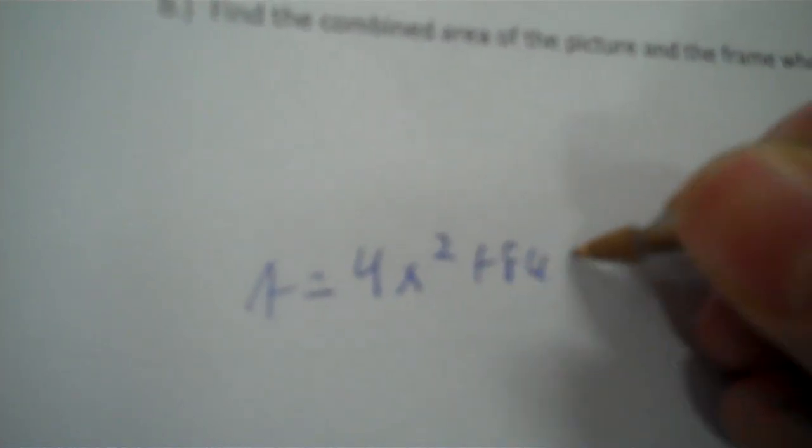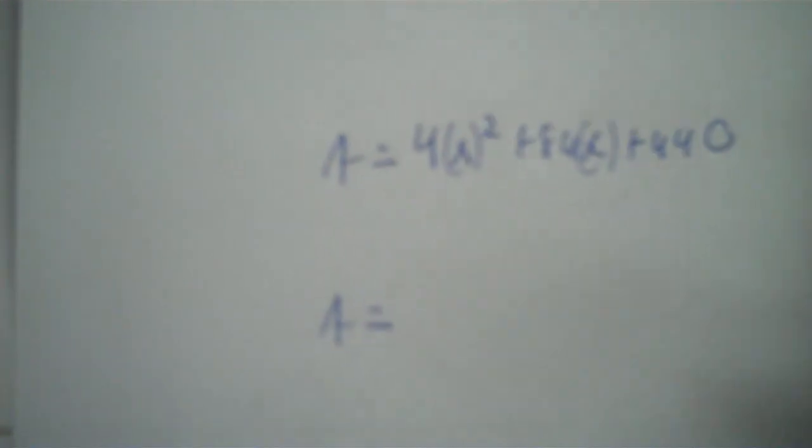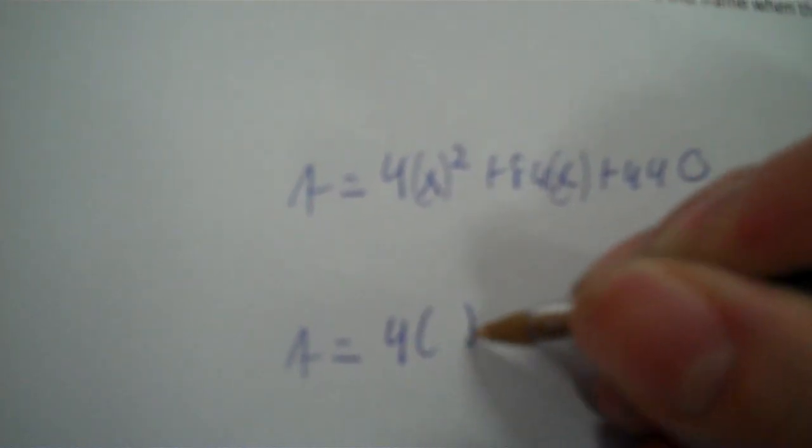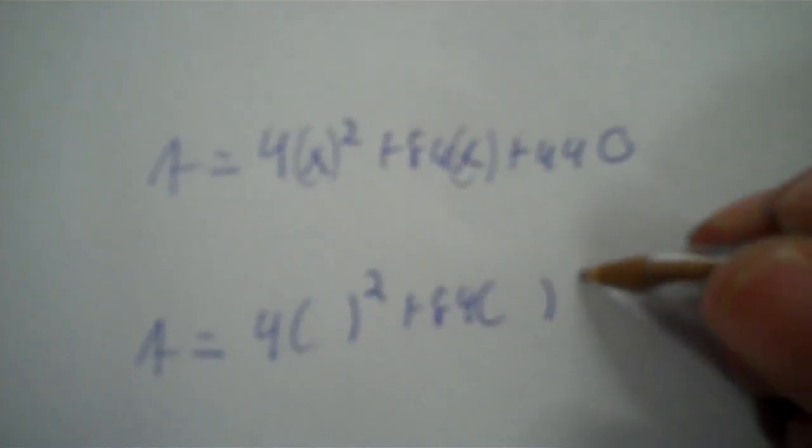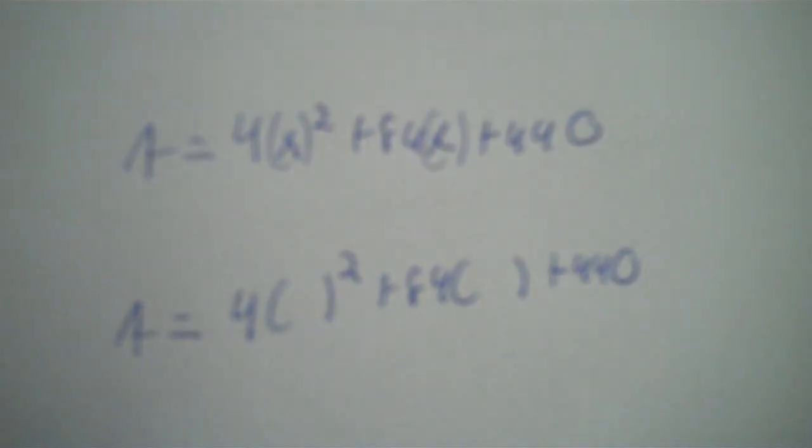Find the combined area of the picture and the frame when the width of the frame is 4 inches. So what that means is those x's are now 4, so 4 equals x, so replace your x's. I'll just write it here like I've always done. Now, you empty those x's, okay? You fill those in with empty parentheses. So 4 parentheses to the second plus 84 parentheses plus 440, okay?